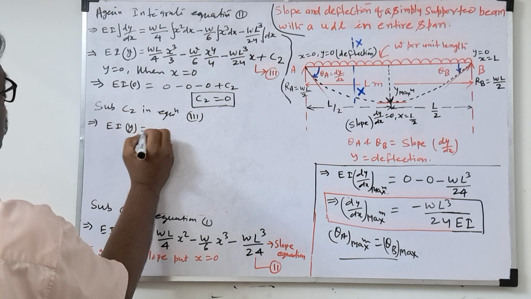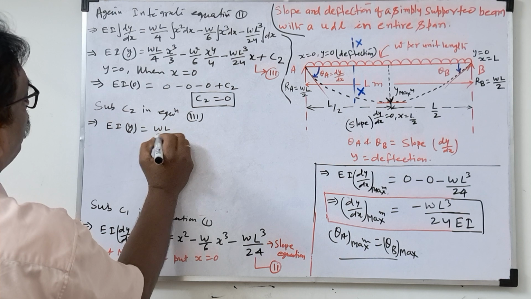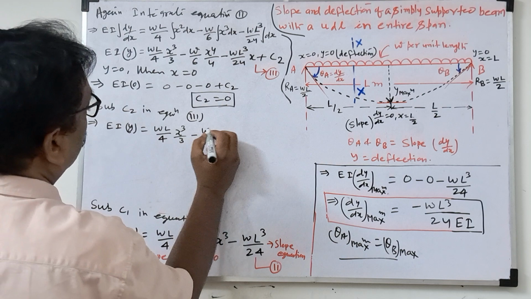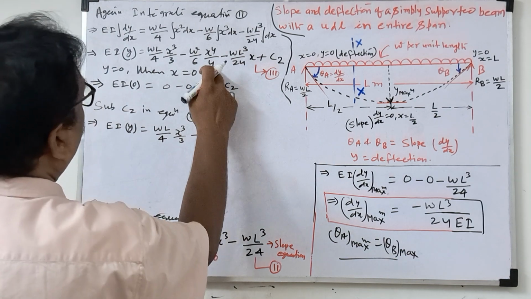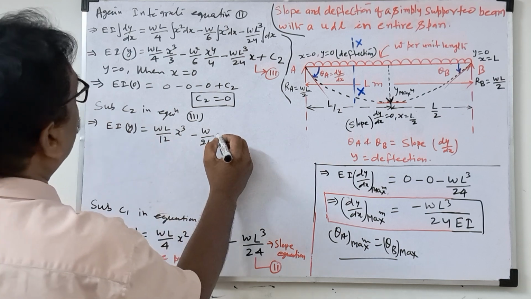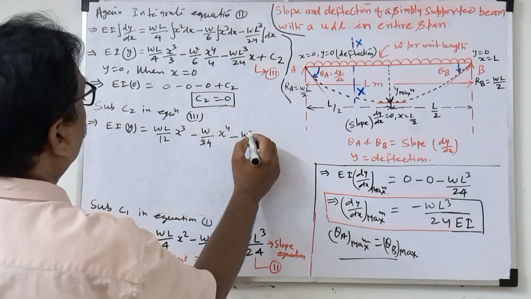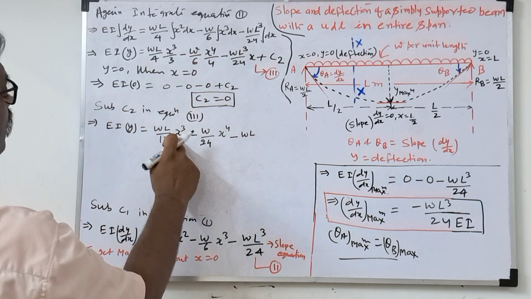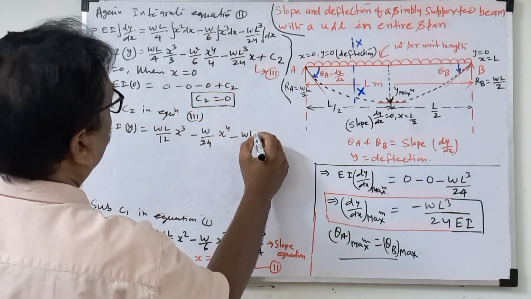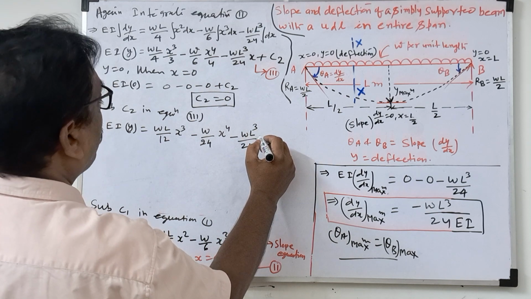EIy is equal to, the same thing here, WL by 12, x cube, minus W by 24, x4, minus WL cube by 24, x.